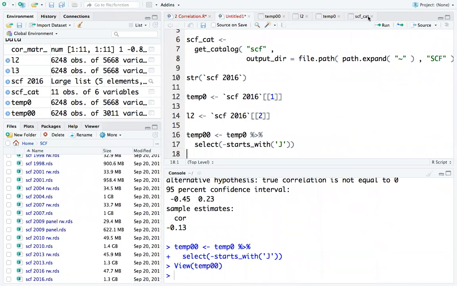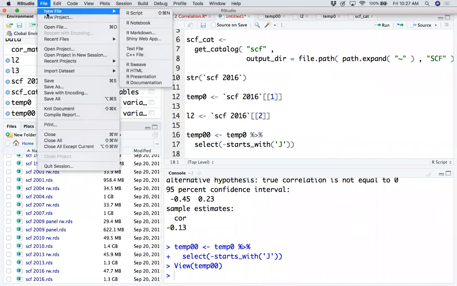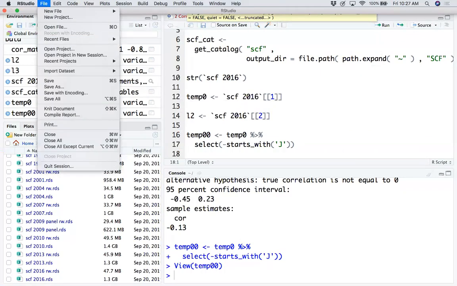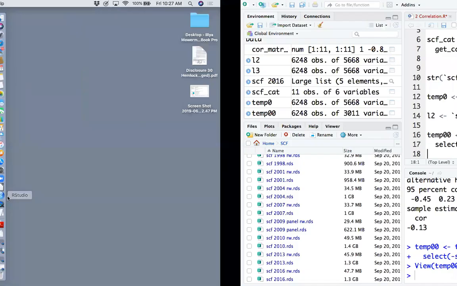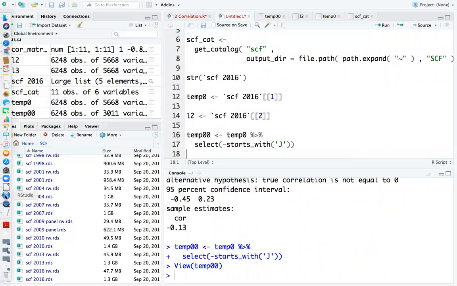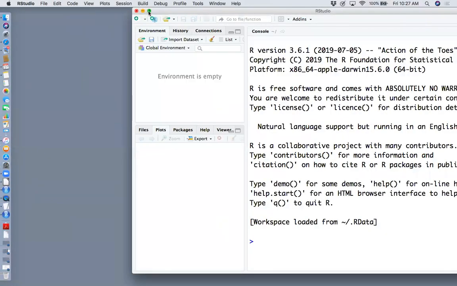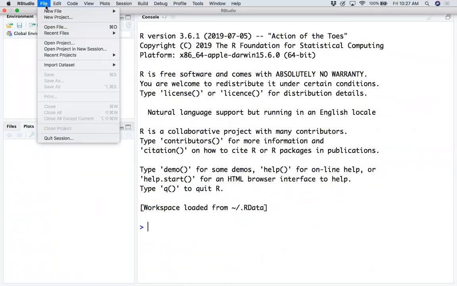So allow me a second to get the new RStudio window. Let's start out clean here. Okay, so I'm going to bring in the file that is up on Canvas.